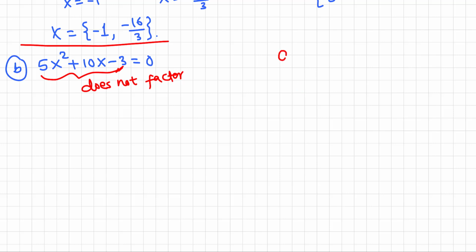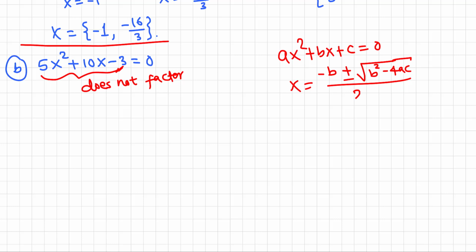What is that? When we have the form ax squared plus bx plus c equals 0, then the formula gives x equals negative b plus or minus square root of b squared minus 4ac, over 2a. And we take plus once and minus once, so we get two answers.